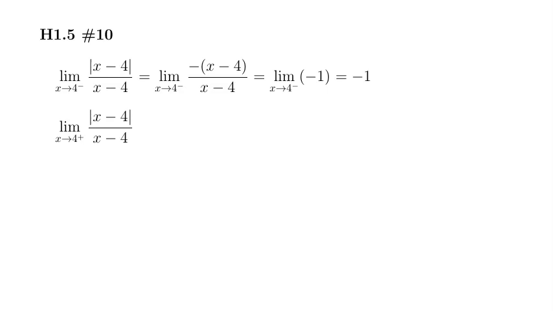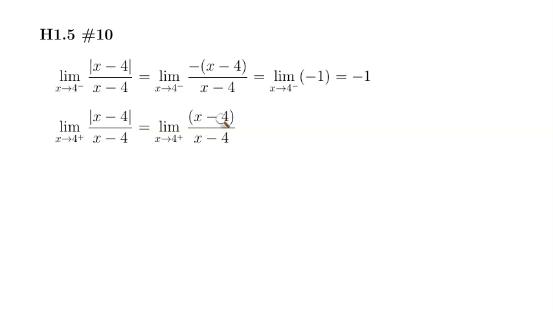By the same argument we can do the second one too, right? Since x is approaching 4 from the right, you can think of x being slightly larger than 4. So x minus 4 is already positive, and if you want to remove the absolute value sign, you can simply remove it.